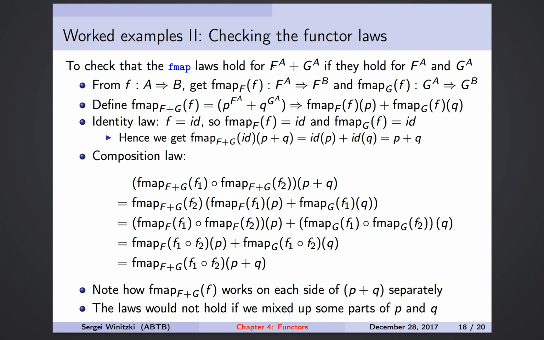So assume that FA and GA are type constructors for which we already have the Fmap, Fmap F and Fmap G, and we already know that the laws hold for them. Now we define the Fmap for the functor F plus G, or would-be functor F plus G. So the data is a disjunction of P and Q, where P is of type FA and Q is of type GA. This is our Either from the code.